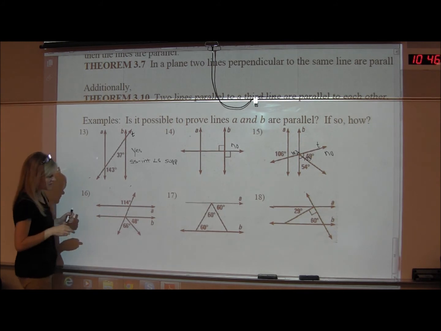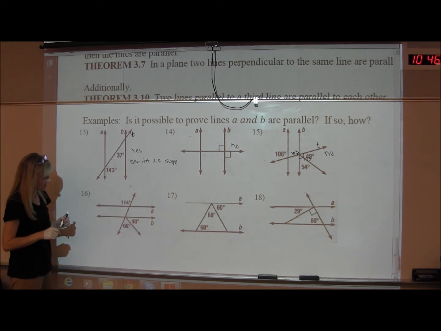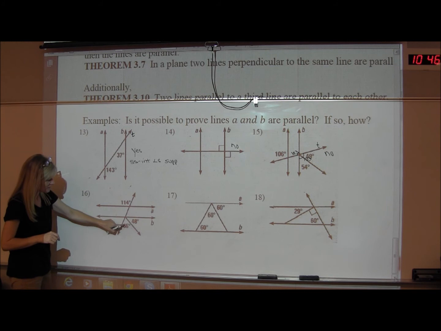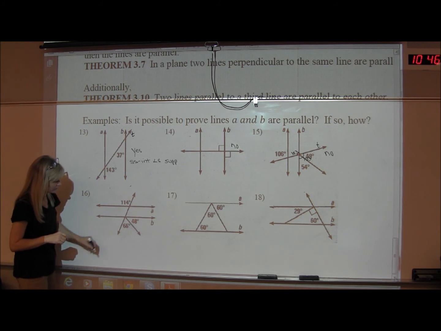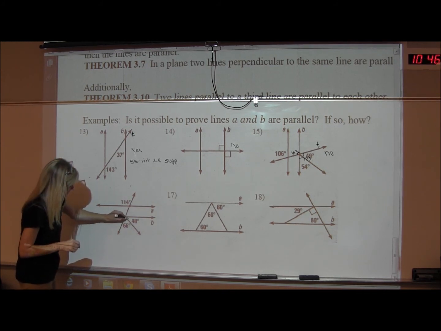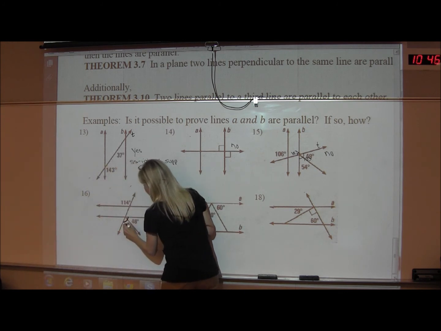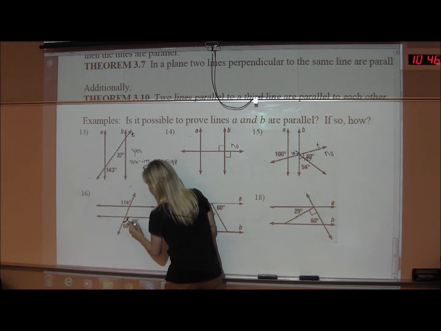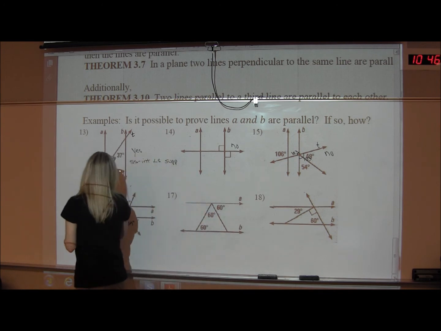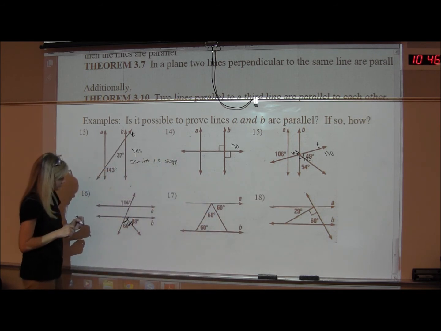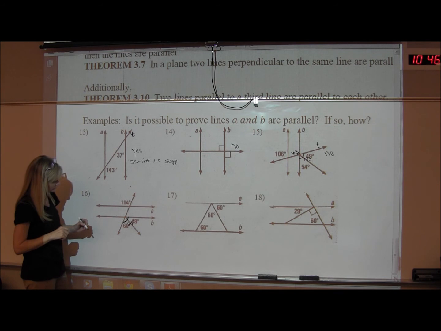Okay. Now, here we've got 2 more. We're trying to prove that they're parallel. Let's see what we've got. Should we try adding them up again? This angle adds to 114 degrees. Does that help us? What can we get from that?